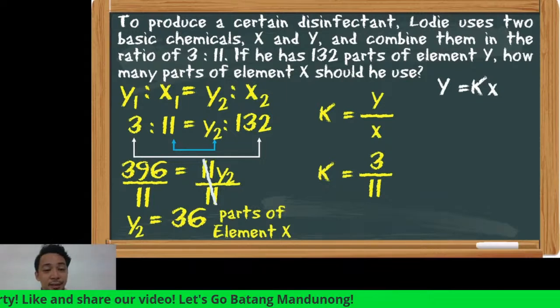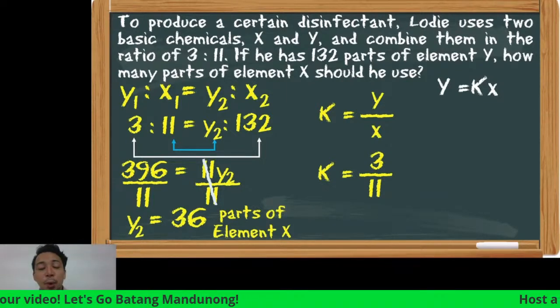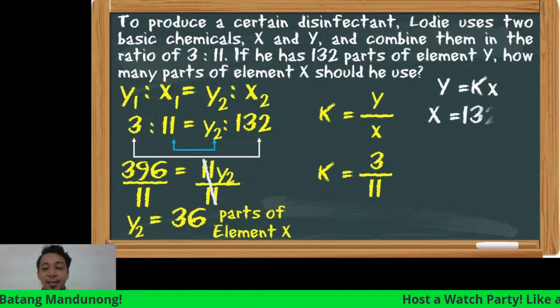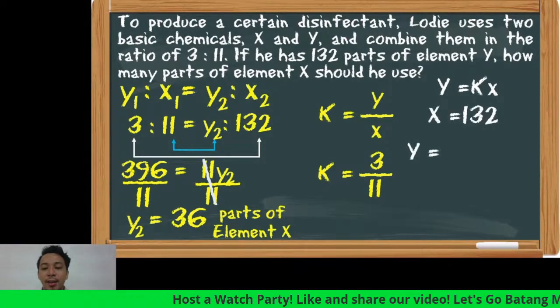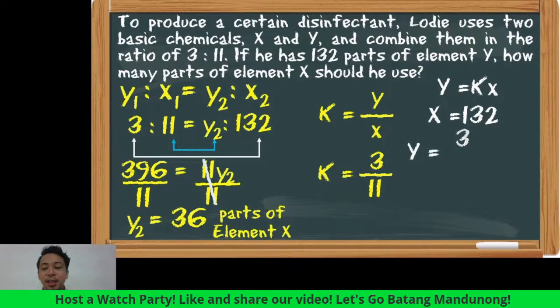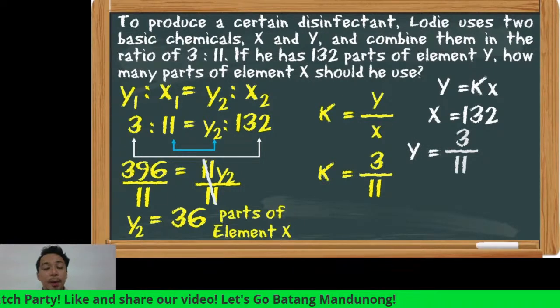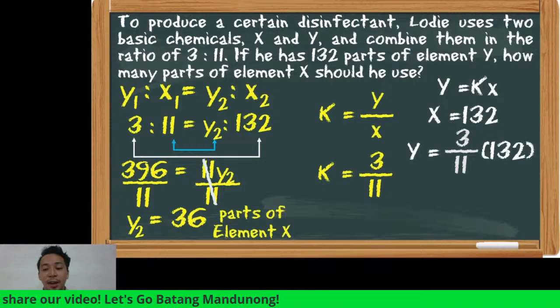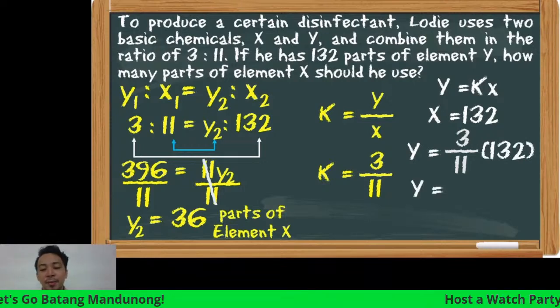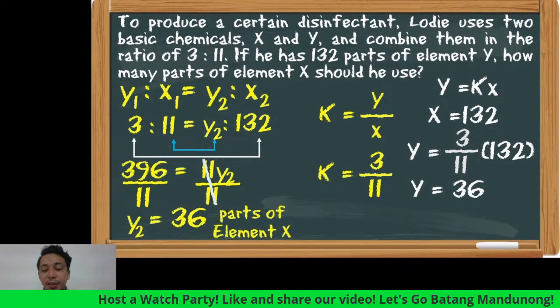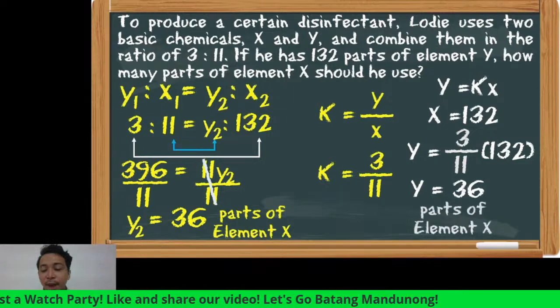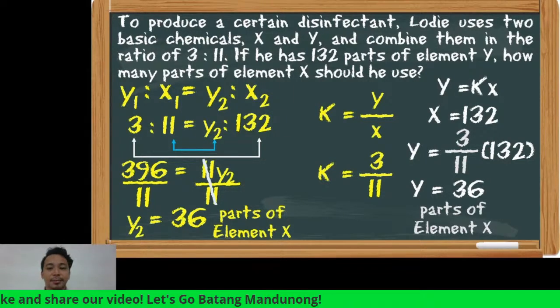Now, substituting to the equation y equals kx, we'll have x, which is 132. We'll have now y equals k, which is 3 over 11, multiplied by x, which is 132. So we'll have now 36. So again, Lodi needs 36 parts of element x.